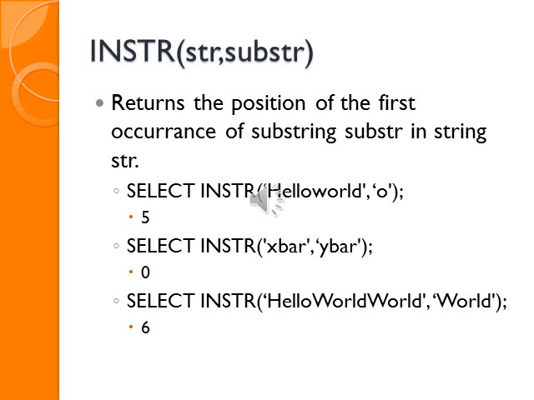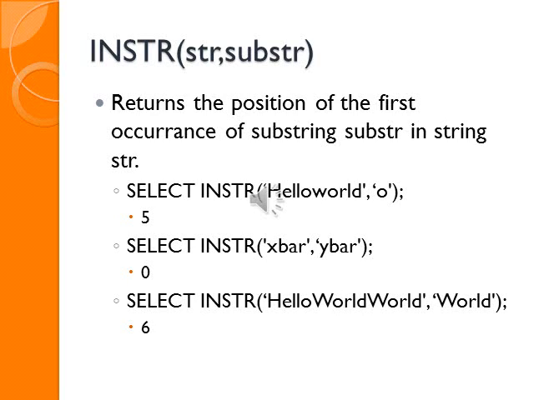One more example. Select instr, xbar, comma ybar. Here the string is xbar and the substring is ybar. It is giving the output 0 because ybar is not available in the first string, which is xbar.